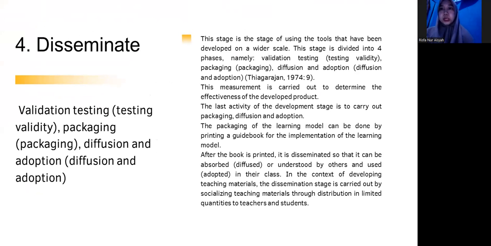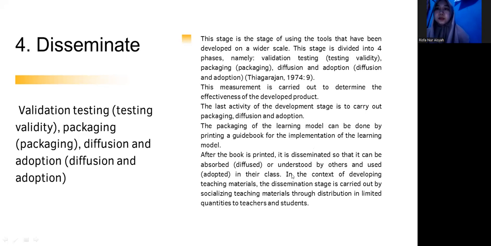This stage, in the stage of using the tools that have been developed on a wider scale, is divided into 4 phases, namely validation testing or testing validity, and then packaging, diffusion, and also adoption. Based on Tia Garajan, 1974. This measurement is carried out to determine the effectiveness of the developed product.